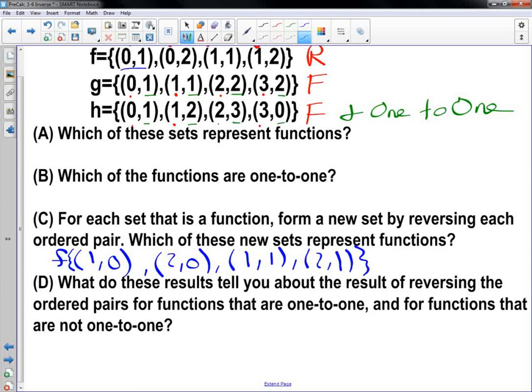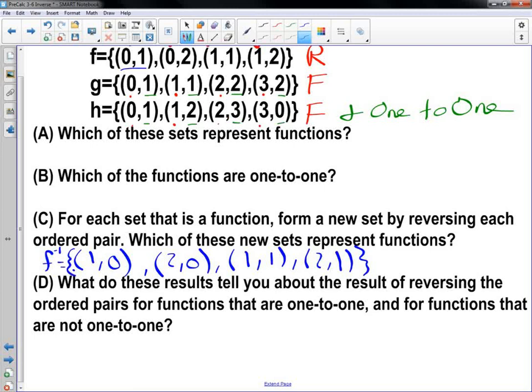So if I reverse it, which of these new sets are going to be functions? Let me fix that a little bit here. Instead of f, because it's not f, I'm going to write f to the negative 1. We'll talk about that more later.